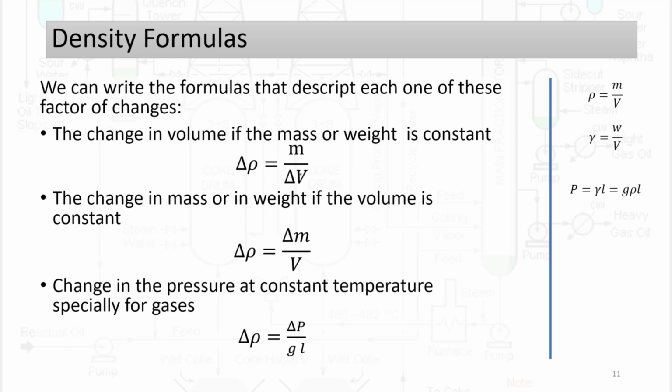Changing the volume means my density will be changed if my mass is still constant. And also, if I change my mass with constant volume, of course, it will change my density. The same thing also applies in changing the hydrostatic pressure while keeping the same height and the same gravity, which means my density is changed.